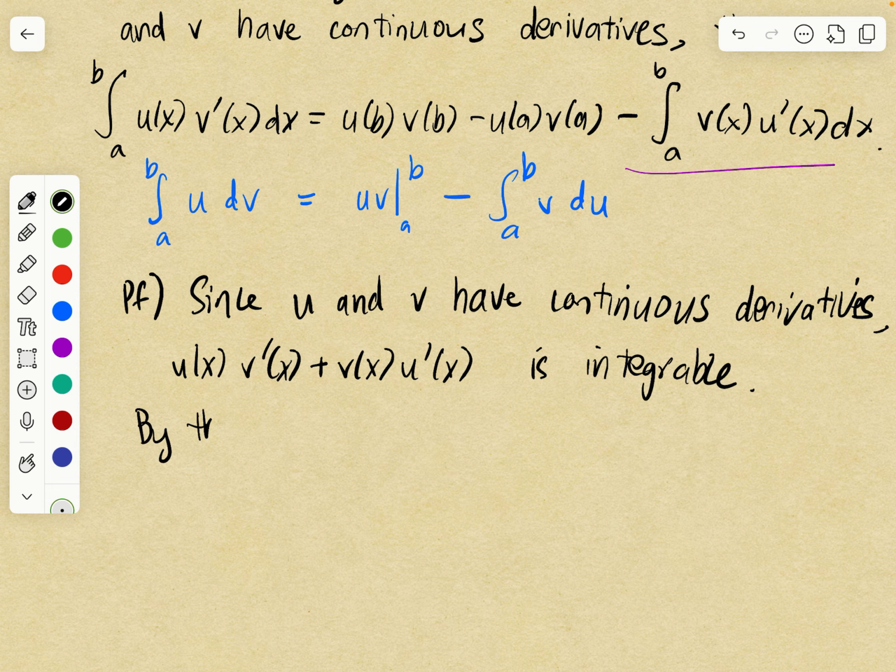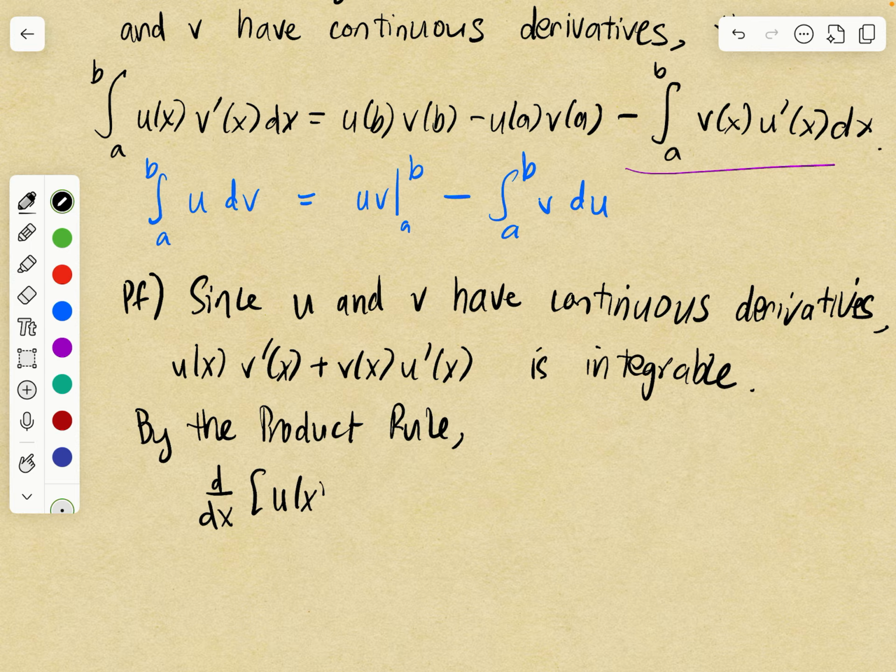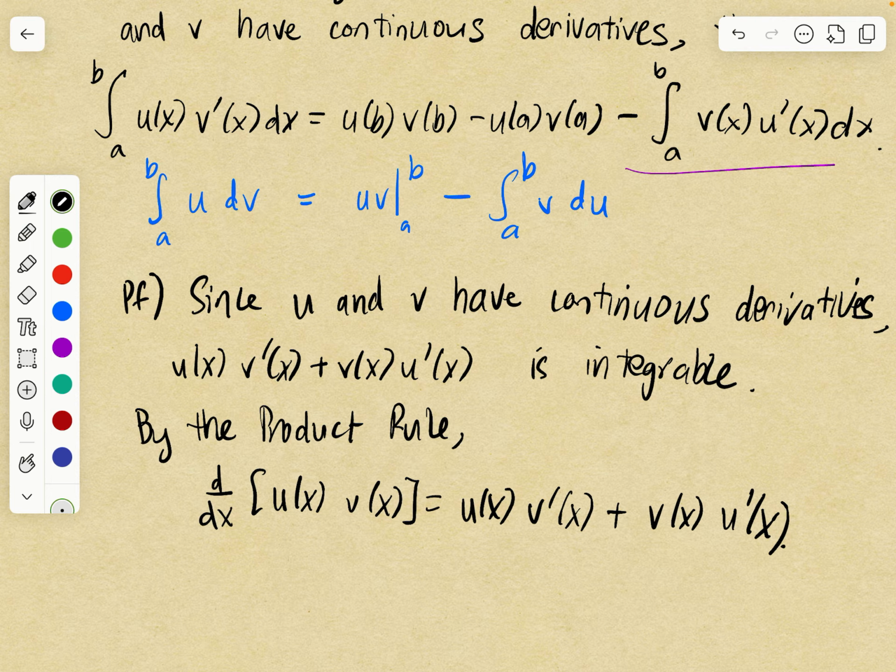And by the product rule, we know that the derivative of u of x times v of x is equal to u of x times v prime of x plus v of x times u prime of x.